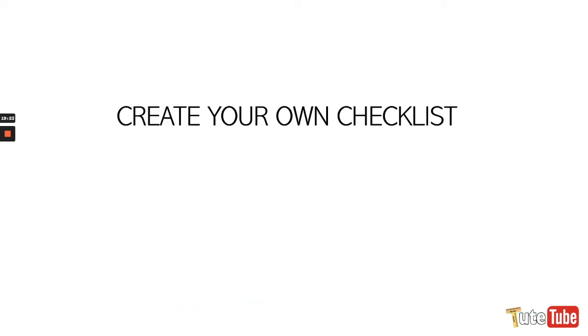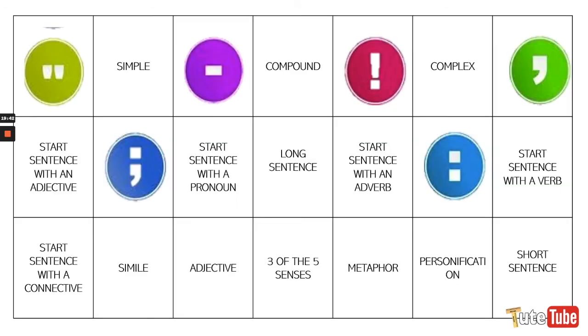Okay, so what you want to do is create your own checklist. And the reason why I say this is because I don't want to tell you exactly what devices, what sentence starters, what punctuation you should use in your writing, because you need to create your own style of writing. However, what I do want you to do is consider this.